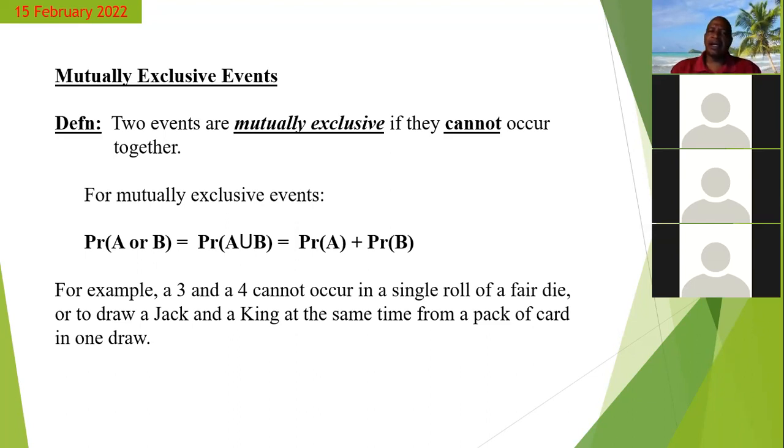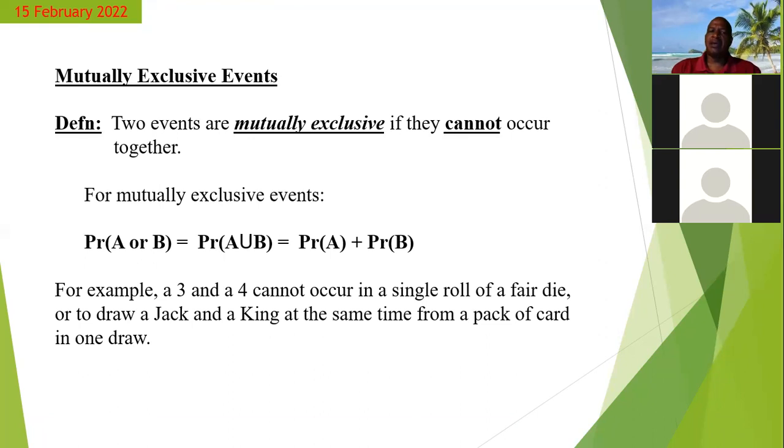Now, when we are calculating the probability for mutually exclusive events, we say that we have the probability of one or the other.